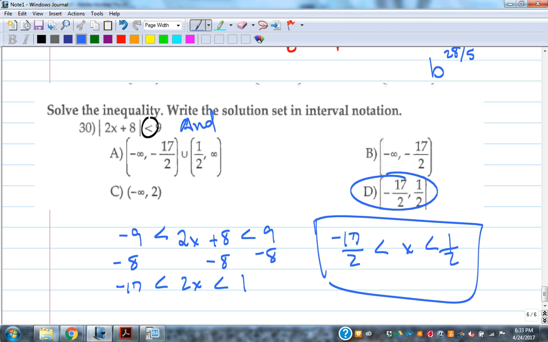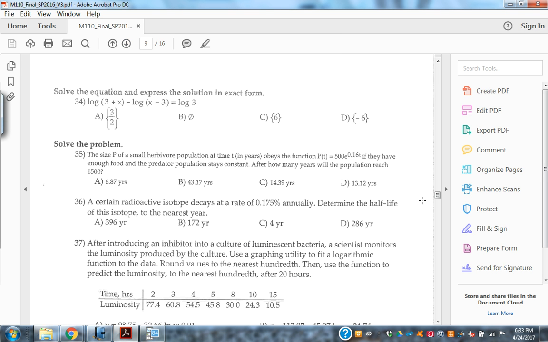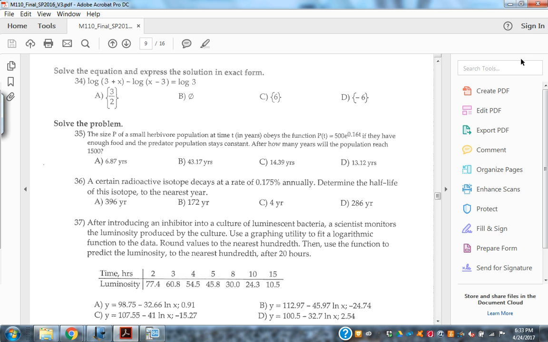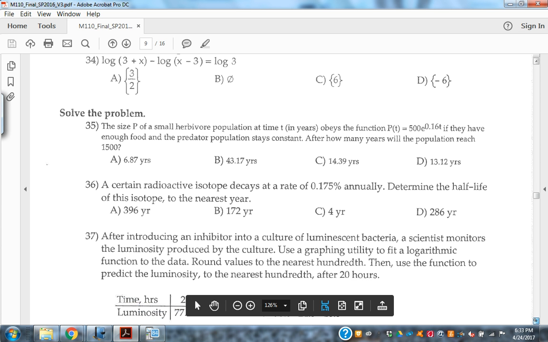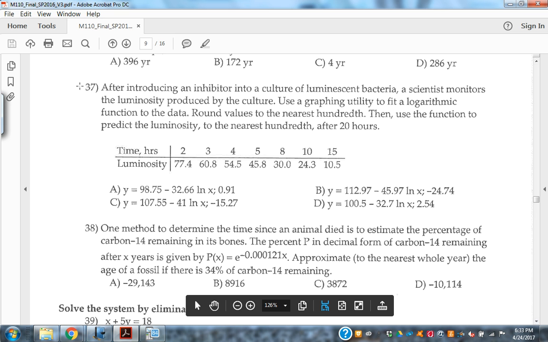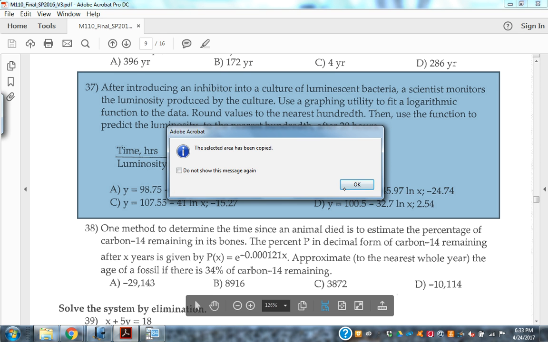All right. Fun one there. Ordered set of data there. Introducing an inhibitor into a culture.